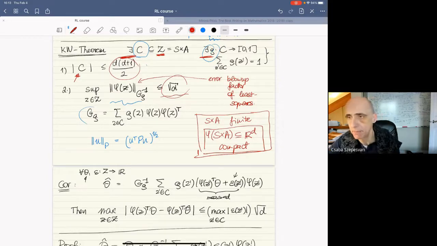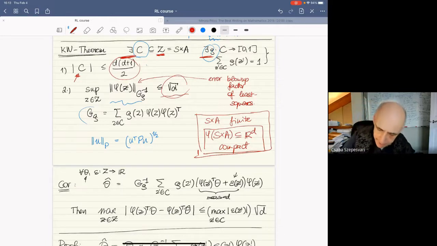If it's D, you will see that has some implications down the line. If it's D squared, it has more, and so forth. If it's 2 to the D, then that's really bad. Already the square root of D is like, ouch. But the actual form of the Kiefer-Wolfowitz theorem says that square root D is unimprovable.